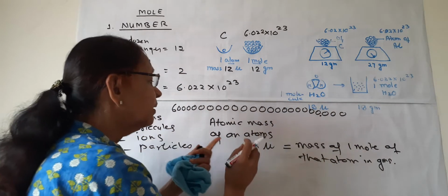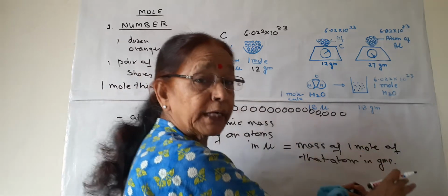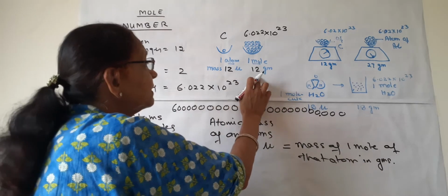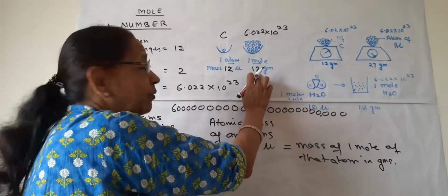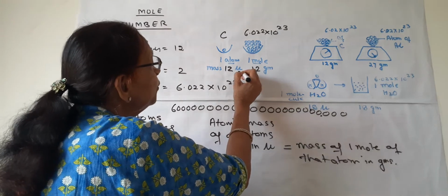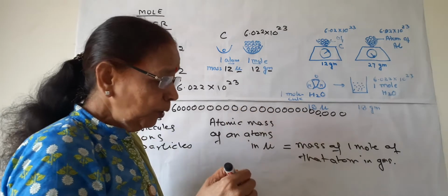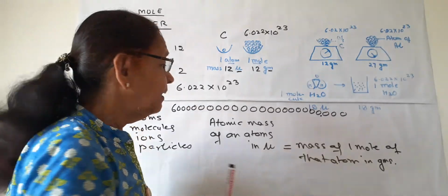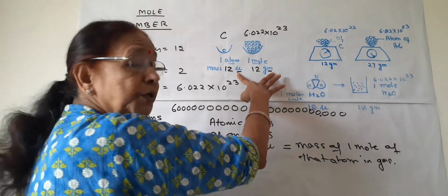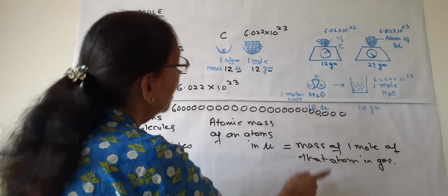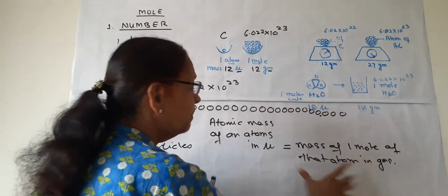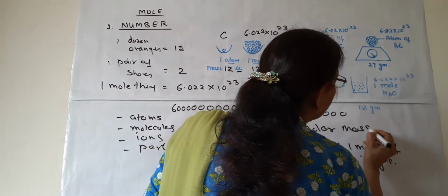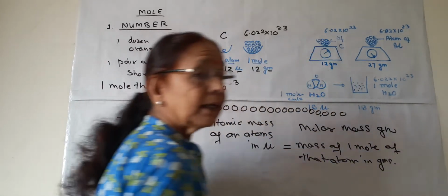So if we just convert U into grams, the magnitude is the same, here also 12, here also 12. Just by changing U to gram, we know the mass of 1 mole of atoms. Very easy. And this mass of 1 mole is known as molar mass, and it has a unit in grams.